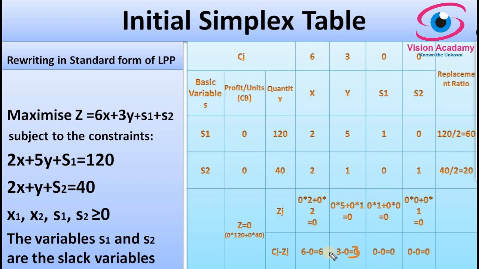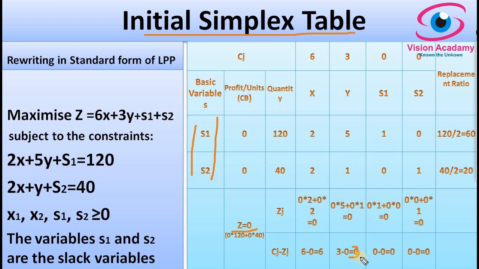Now we have to check the optimality condition. Normally in the initial simplex table you won't arrive at optimality, because the basic variables will be the slack variables. With slack variables you cannot optimize the problem, because the Zj values become 0.